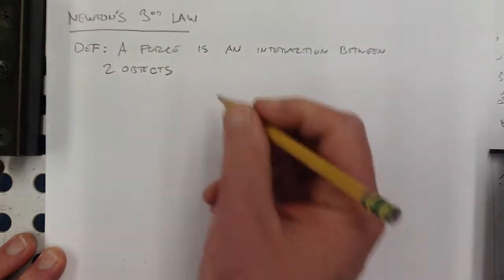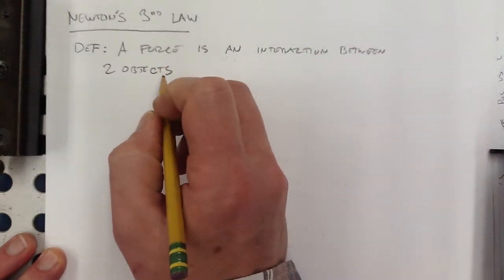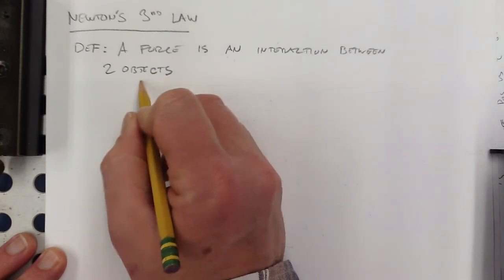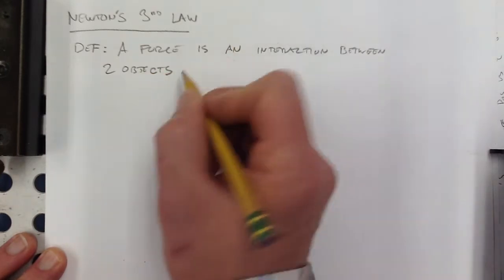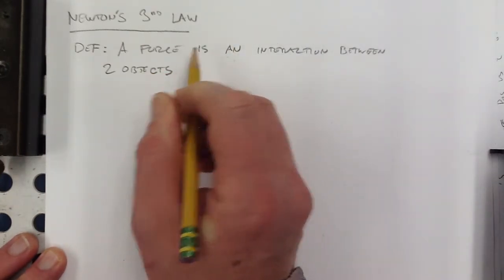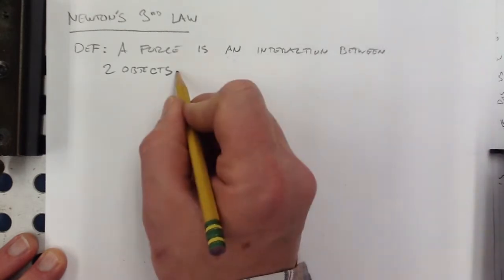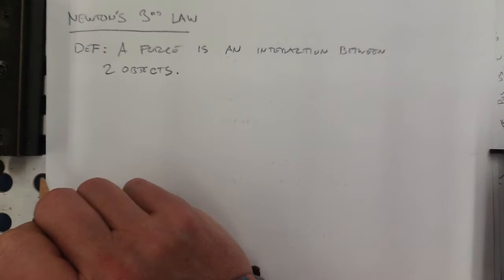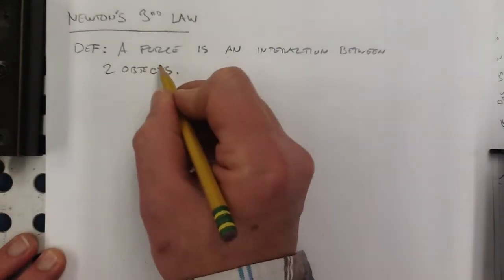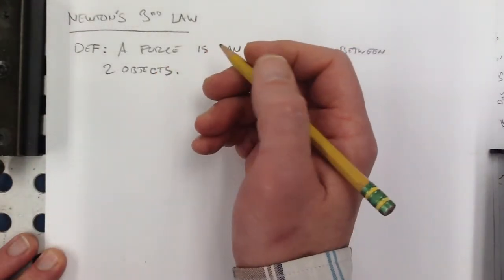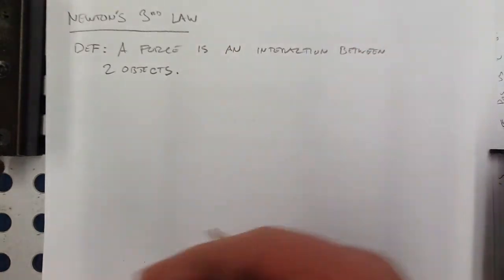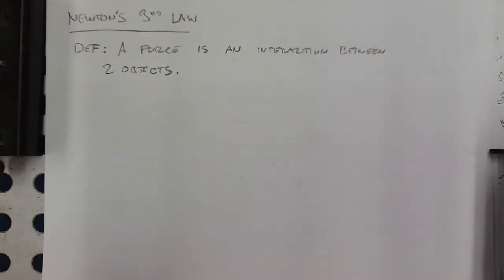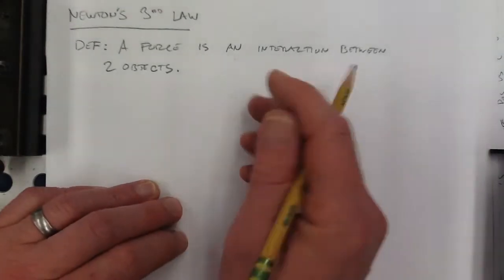Could be your hand and your friend's hand as you give each other a high five back in the days when we were allowed to give each other high fives. So a force is an interaction between two objects. It could be like the Earth and the Sun. There's a gravitational interaction between those two objects. So any two objects, if they're interacting with each other, there's a force associated with that.